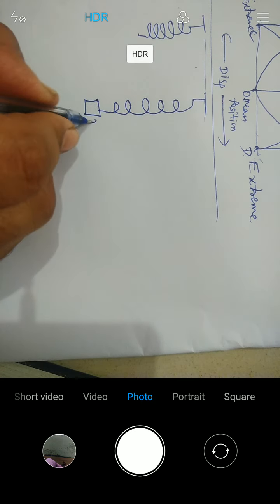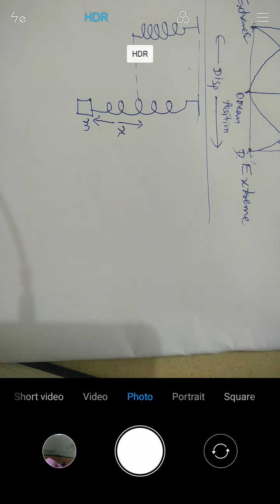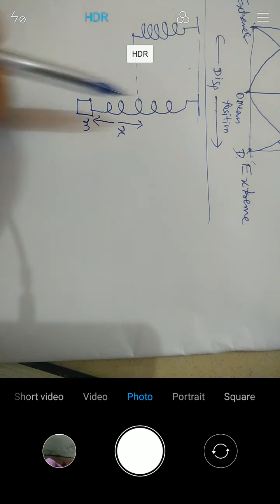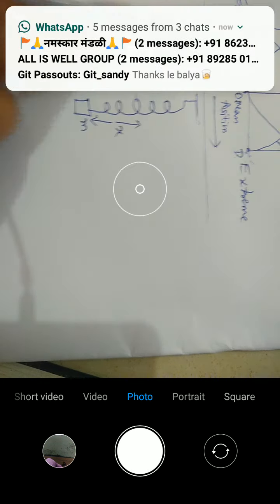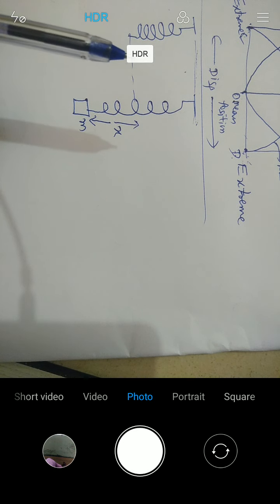So m is some mass. After adding some mass, x is the extension of the spring. Consider a spring suspended from a rigid support, and assume that the spring is massless.